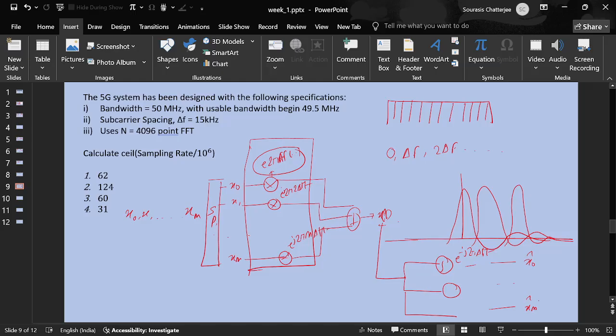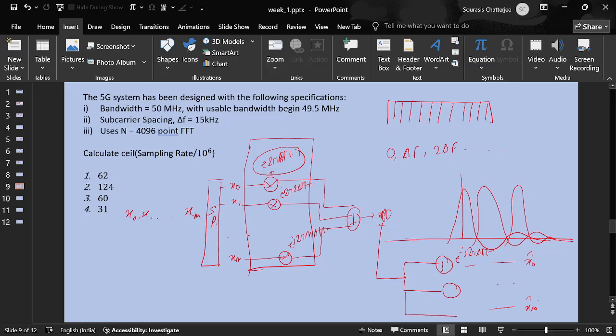So here you have this N-point IFFT and CP insertion, that's all true. And on the receiver side, what do you need to get back to the original form? First, you need an analog to digital converter, right? True, you will convert to the digital domain.